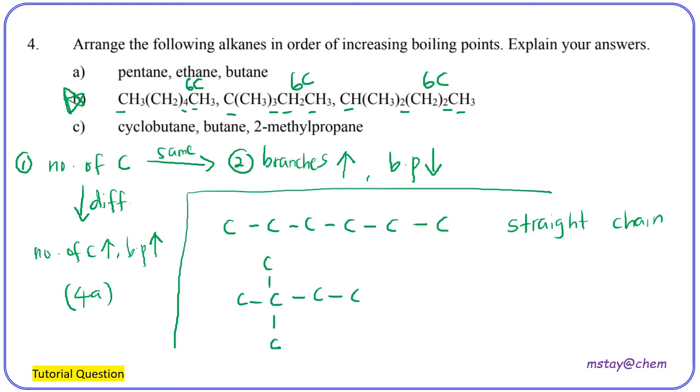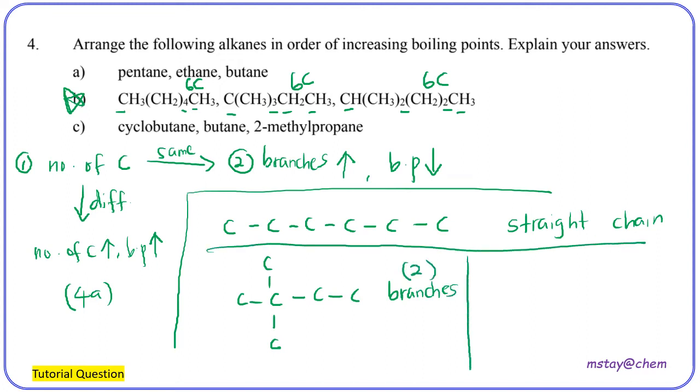So this one has 2 branches. Then the last one, CH, CH3, CH3, CH2, CH2, CH3. So for this one, basically, we consider only one branch.